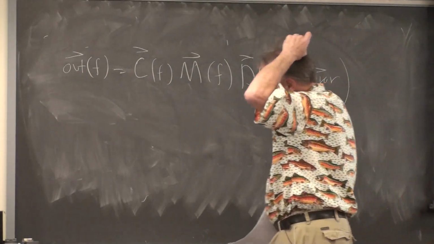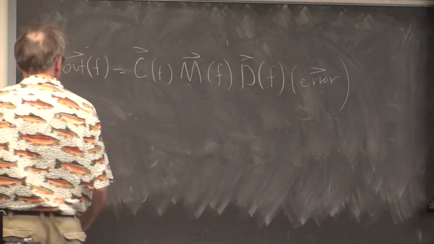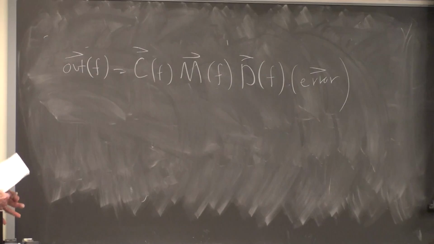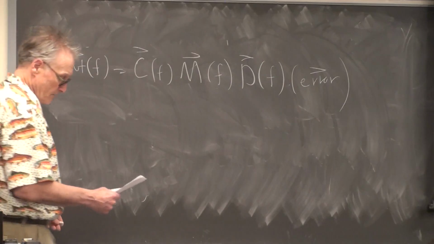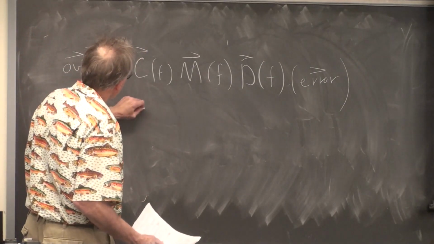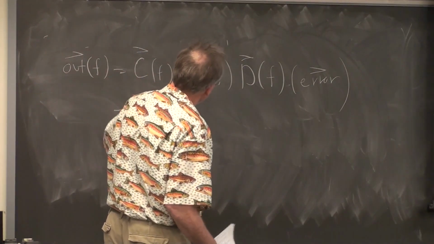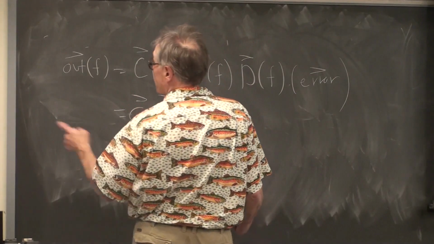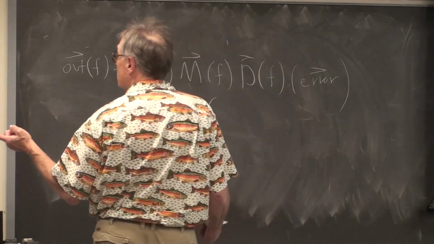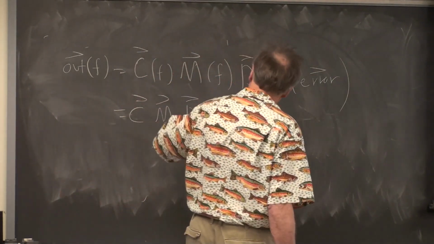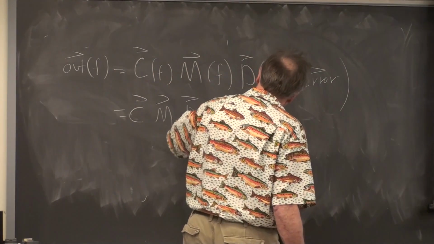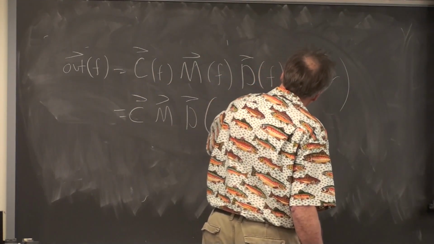And again, these are all phase magnitude quantities. And we can rewrite this as C times M times D times the error, where the error is the desired angle minus the output.